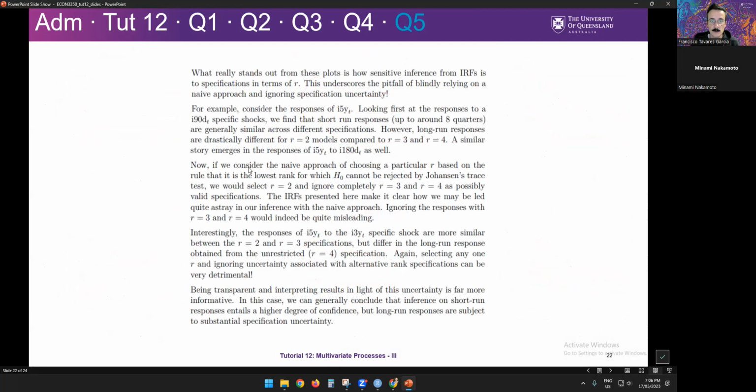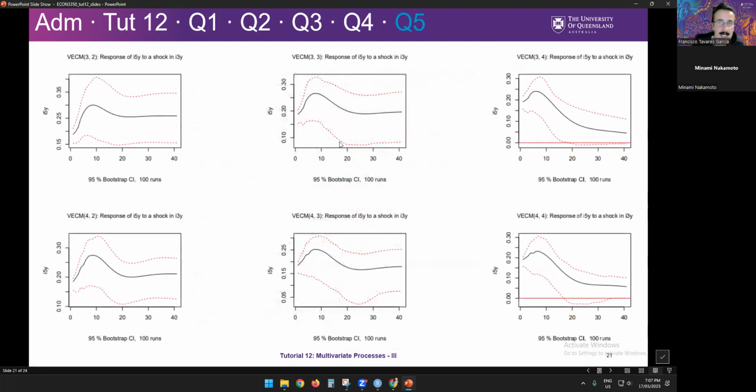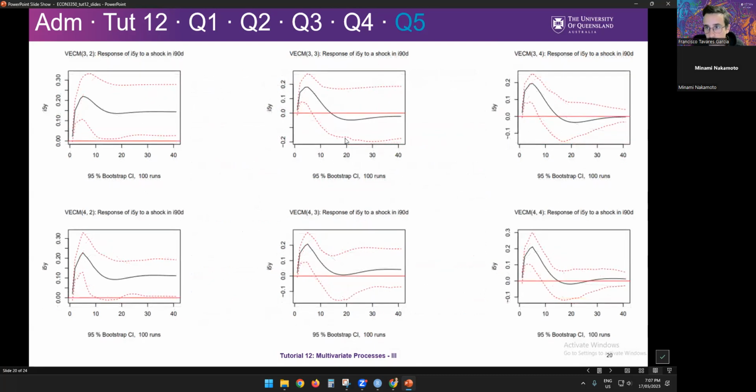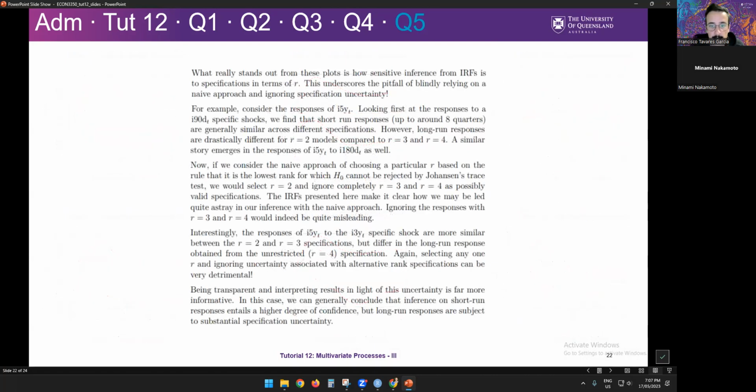And the other one is if you consider a naive approach, etc. Is that one? A similar story emerges from response of I5 to I80. Did I put it all right? No. Where is the other one? Interestingly, responses from I5 to I3 specific shock are more similar between rank 2 and rank 3 specifications, but different in the long run response obtained by VAR 4.